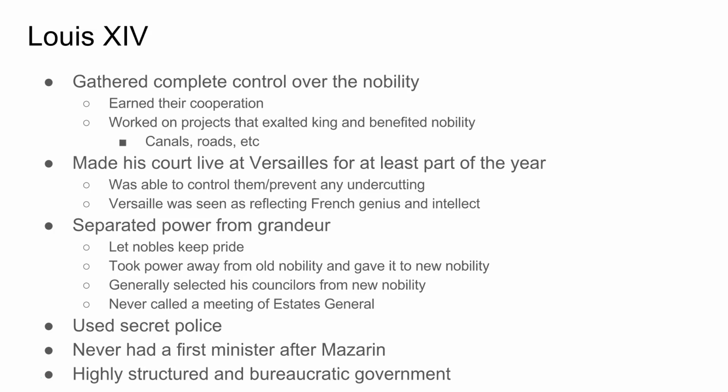Another way he works to kind of suppress the nobles is through making them live at the Palace of Versailles for part of a year. And the idea behind it is this: he forces the whole nobleman's family to come live at Versailles. That way, if they're off working as an attendant in a district and decide to cause trouble, well, now he has hostages.